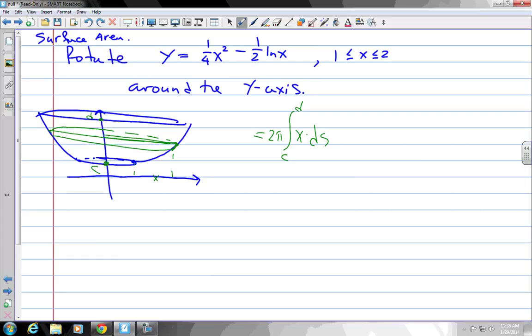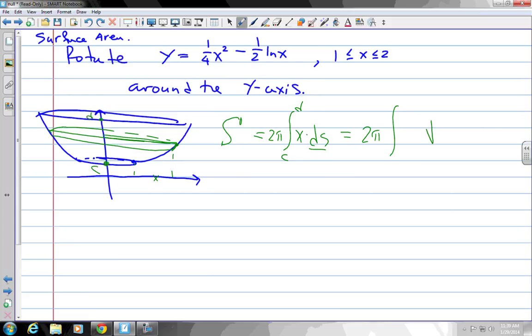Now we're going to put some numbers to it, and we're going to see the pain that we might end up in. So here's the pain. Well, first of all, in order to compute ds, and I'm rotating around the y-axis, ideally, I do want to do the dy integral.